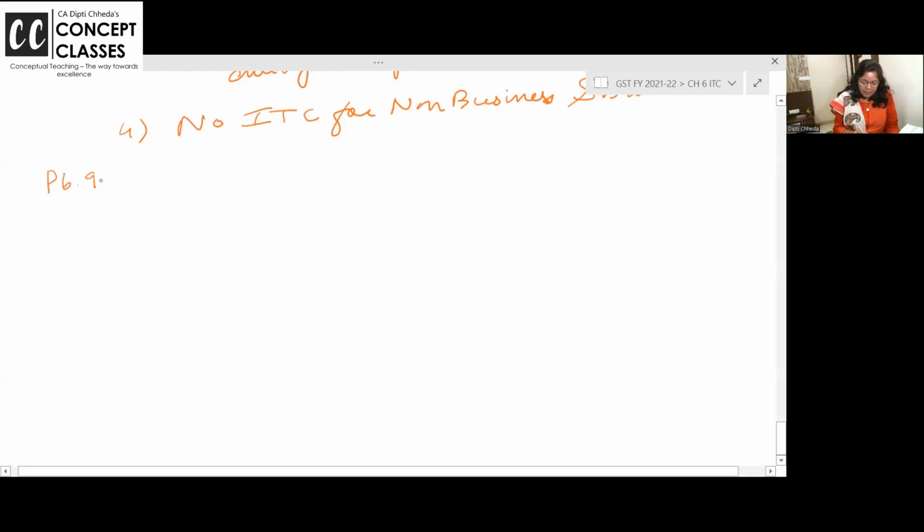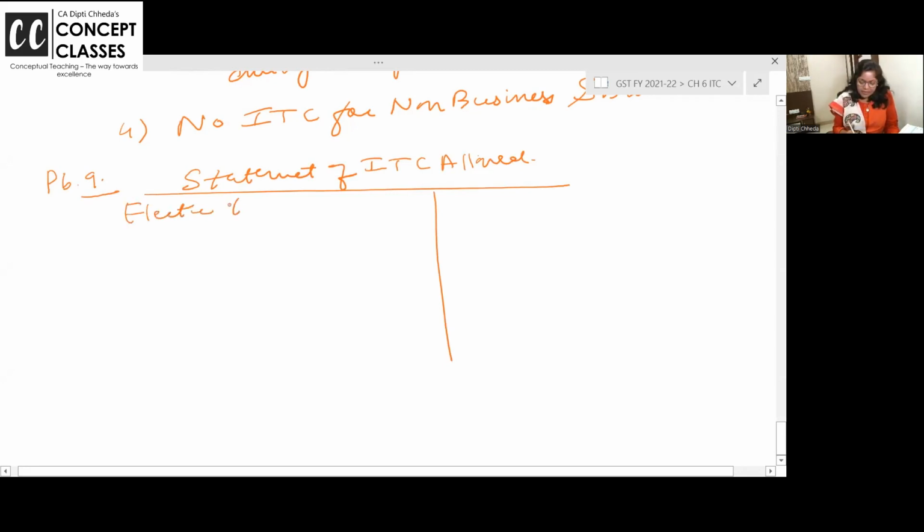Problem number 9. Statement of ITC allowed. Input tax credit allowed rahega kis pe? Electrical transformer. It's like a capital goods. 2,10,000. It's allowed.